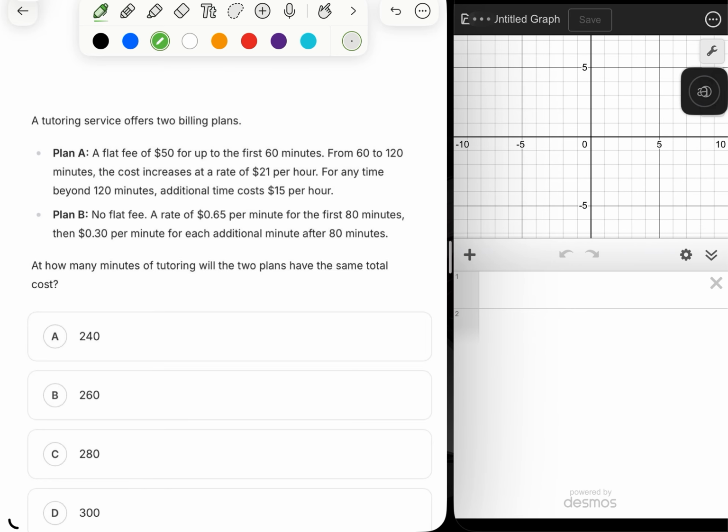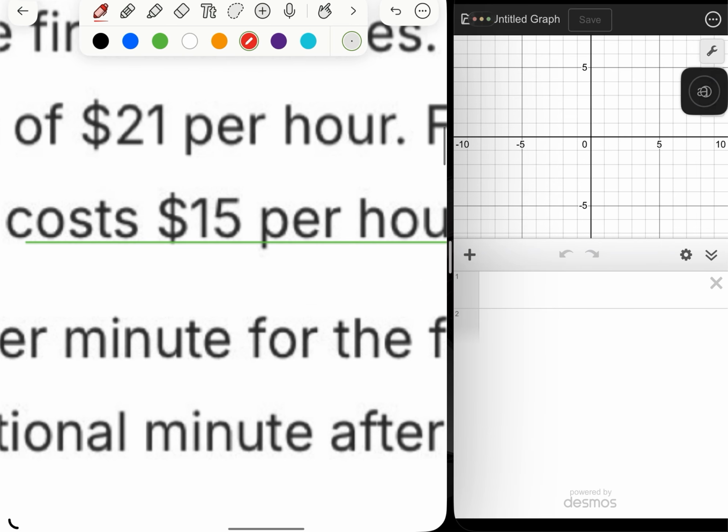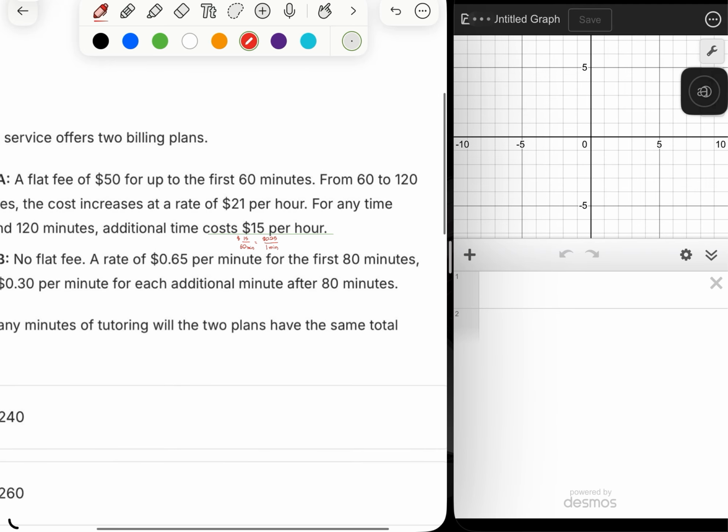What I mean by that is, if you look at plan A, it gives us the cost of $15 per hour. But the question is asking us for minutes, so we have to convert this into minutes. $15 per hour, and 1 hour is 60 minutes, so that gives us $0.25 every minute, because 15 divided by 60 is 0.25.